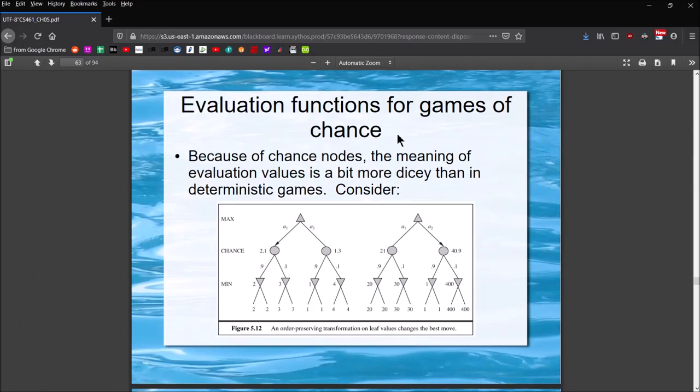Okay, so since we do have these chance nodes that are cropping up, which enable us to take chance into consideration, the meaning of the evaluation values can be a bit more specious, a bit more dicey than they can be in deterministic games, right? So take a look at these two trees here, one on the left, one on the right, right?